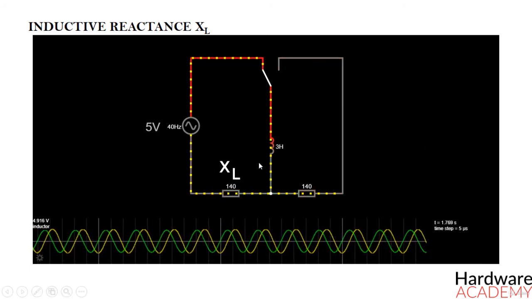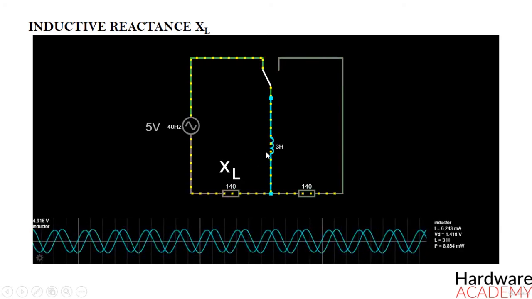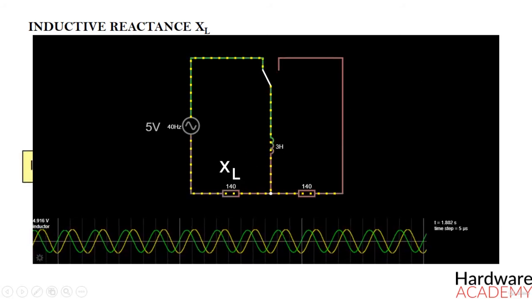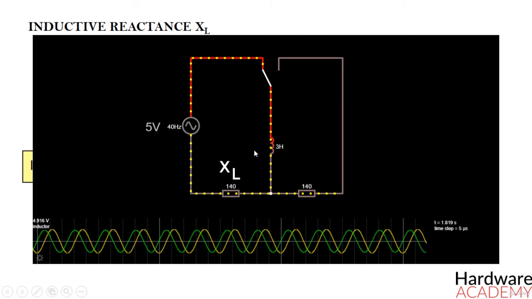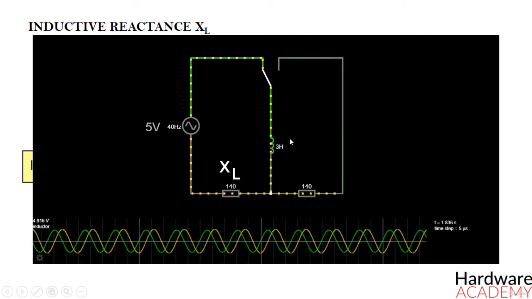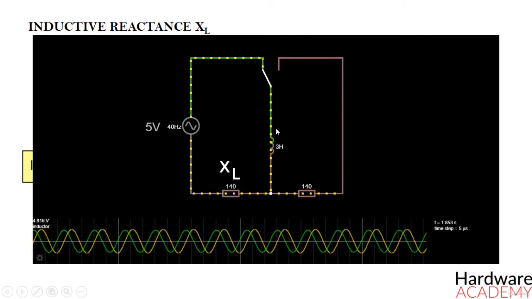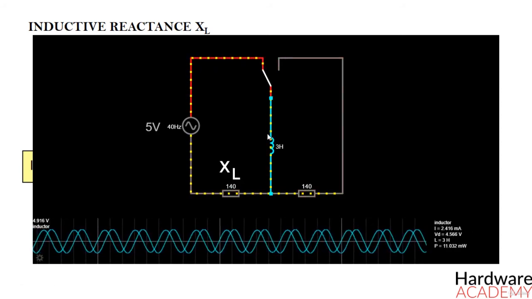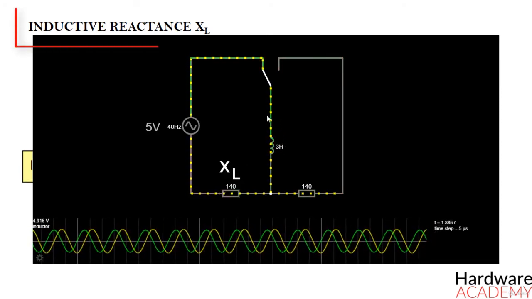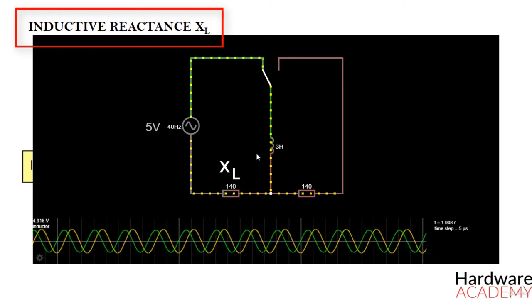Inductive reactance, which is given the symbol XL, is the property of an AC circuit which opposes the change in the current. In other words, an inductor's electrical resistance when used in an AC circuit is called inductive reactance.